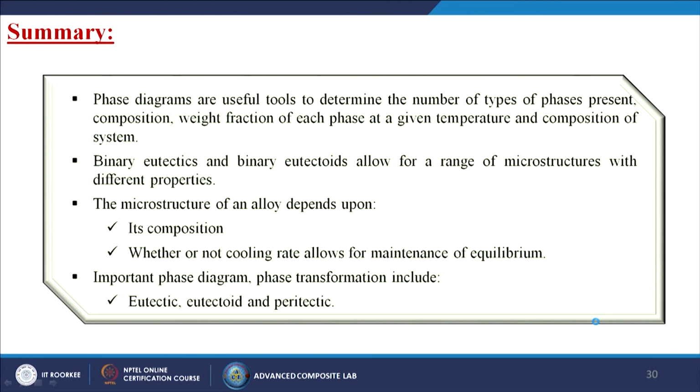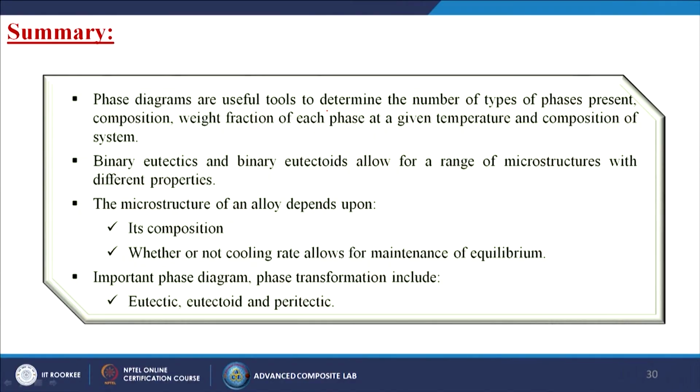Now we have come to the last slide of this particular lecture. So we have to summarize the whole lecture. In this lecture we have discussed phase diagrams, which are very useful tools to determine the number and types of phases present, compositions, weight fraction of each phase at a given temperature and composition of the system itself.